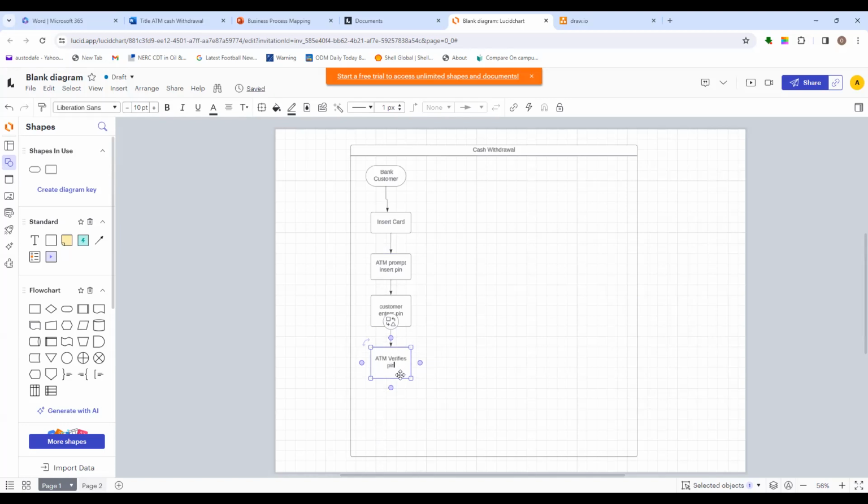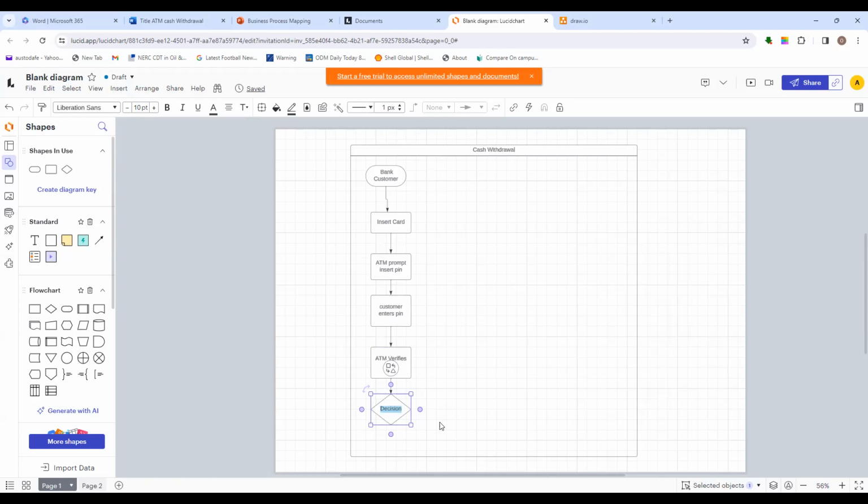What's the next step? If pin is correct, ATM prompts different options, including cash withdrawal. So if pin is correct, should be decision. So we have a decision sign here now. Is that not so? Are we together?